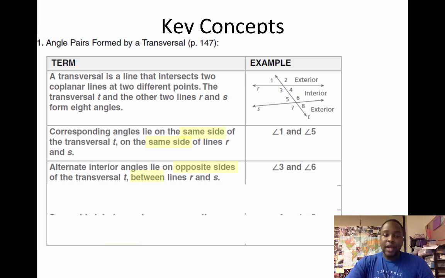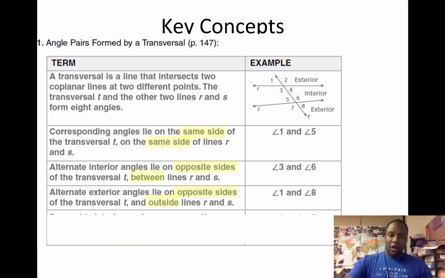Alternate interior angles lie on opposite sides of the transversal and lie between the two lines, in this case R and S. For example, 3 and 6 are alternate interior because they're on alternate sides of the transversal, and because they are inside the two lines.